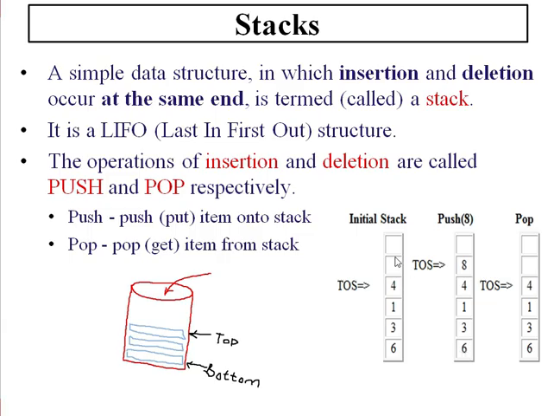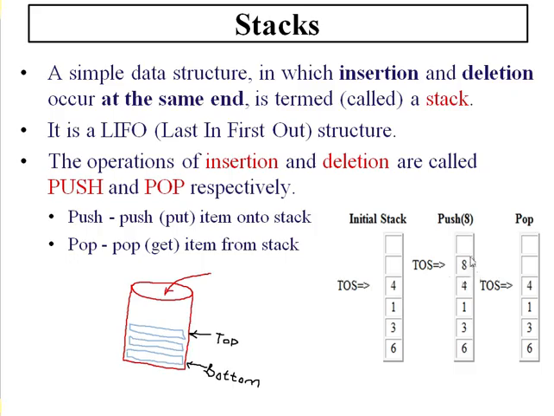This is how we can apply the push operation. Again, if we push number 8, this will increment the top variable. After the addition of 8 on top of the stack, the top of the stack variable is incremented.